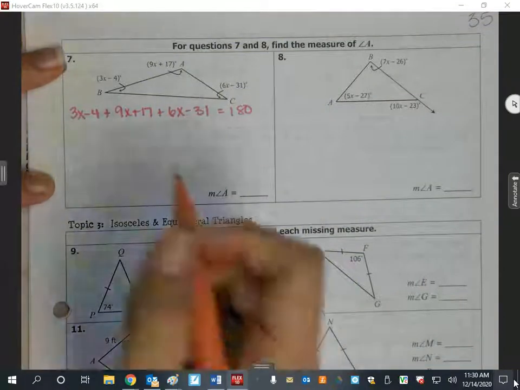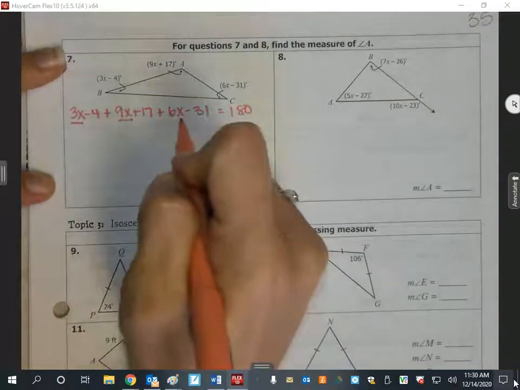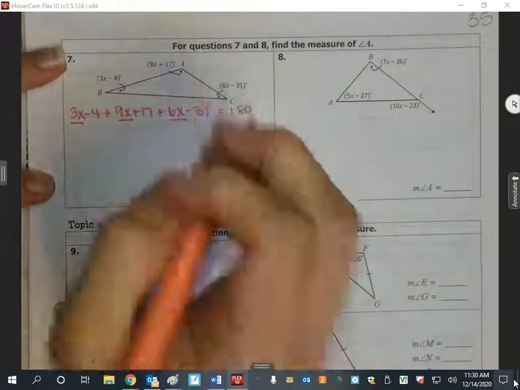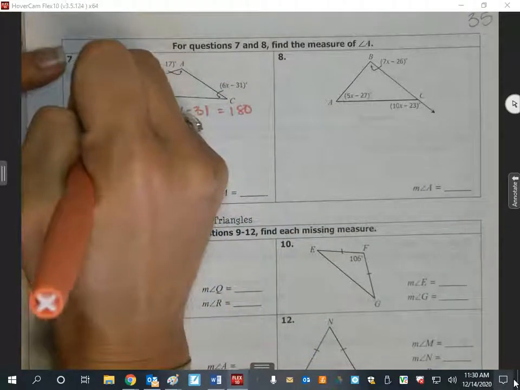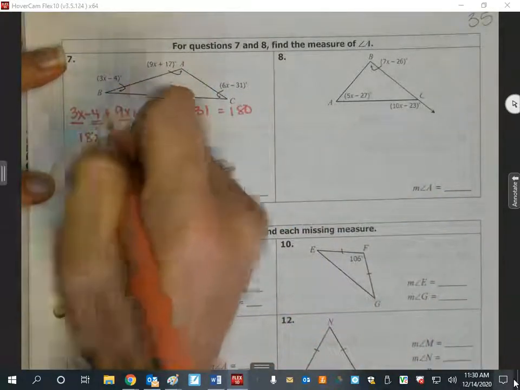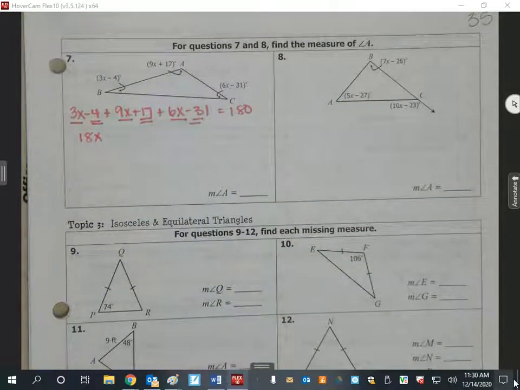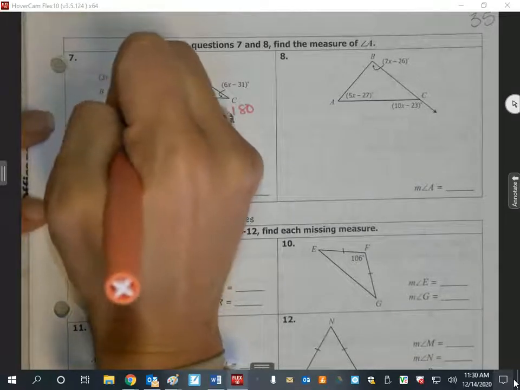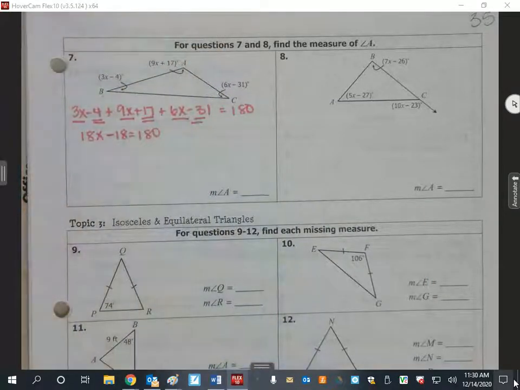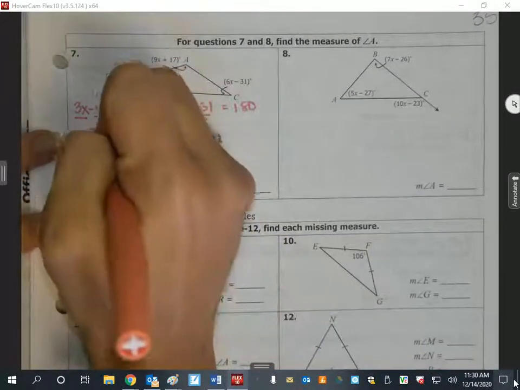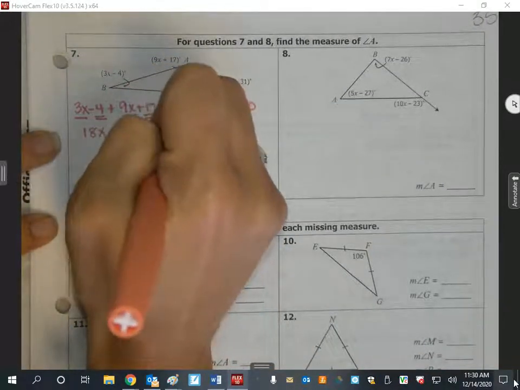So we should combine like terms. 3x plus 9x plus 6x is 18x. Minus 4 plus 17 minus 31 is negative 18 equals 180. Add 18 to both sides. 18x equals 198.